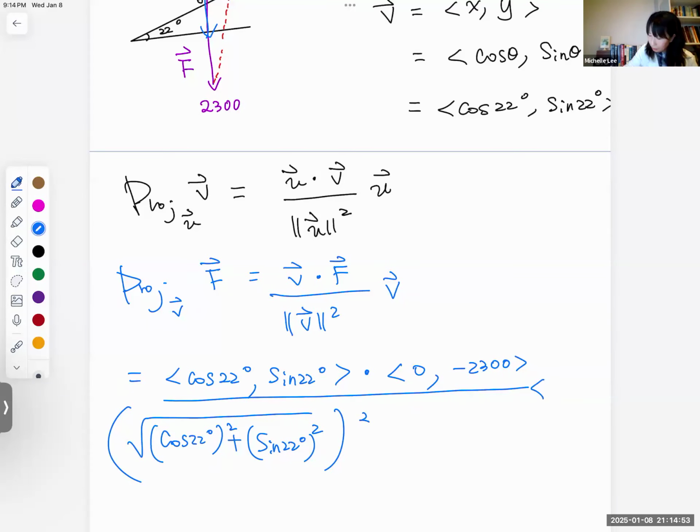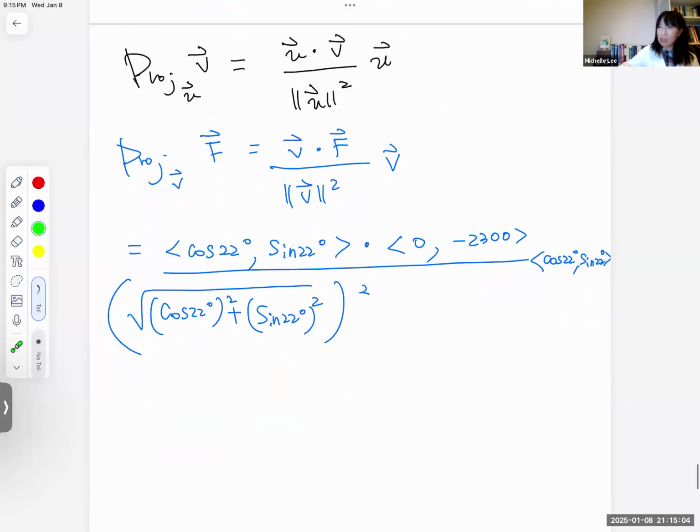And then we have cosine 22 degrees, sine 22 degrees for the V. Okay, now let's calculate. Cosine 22 degrees is 0.93. We're using degrees, right?